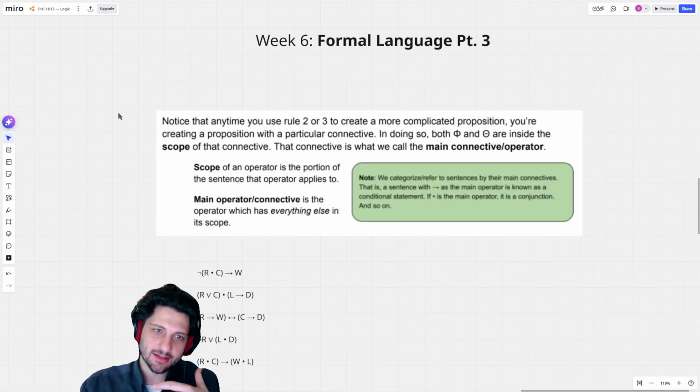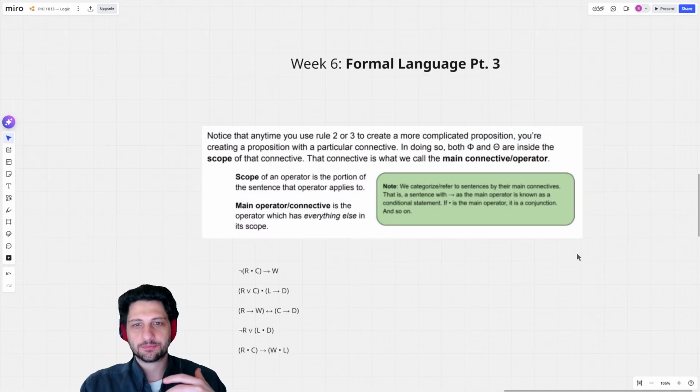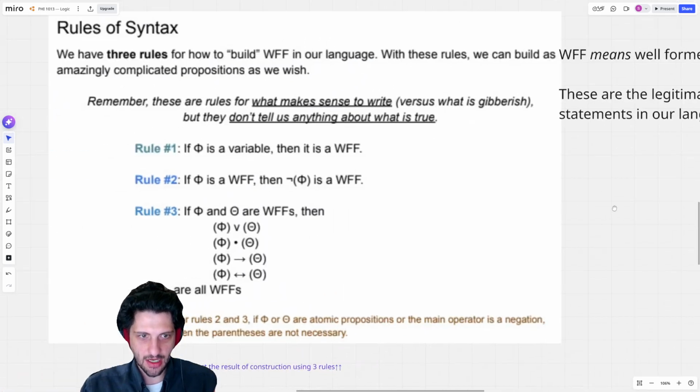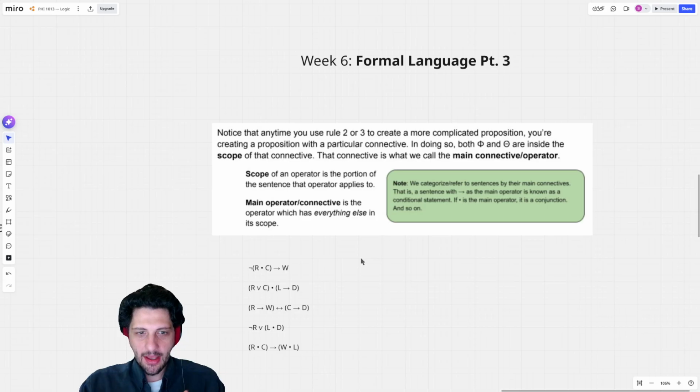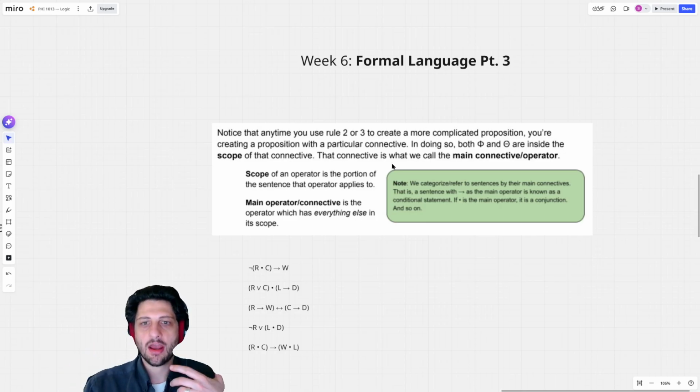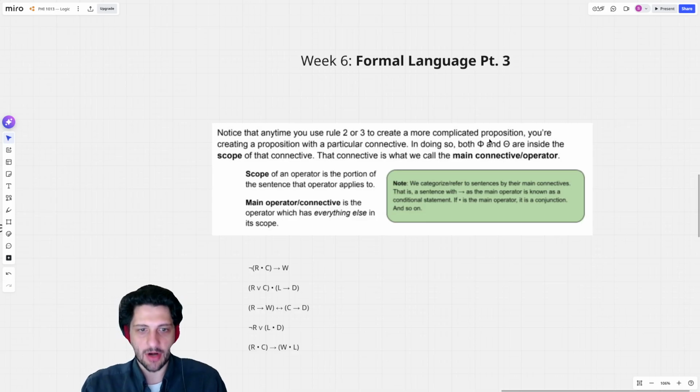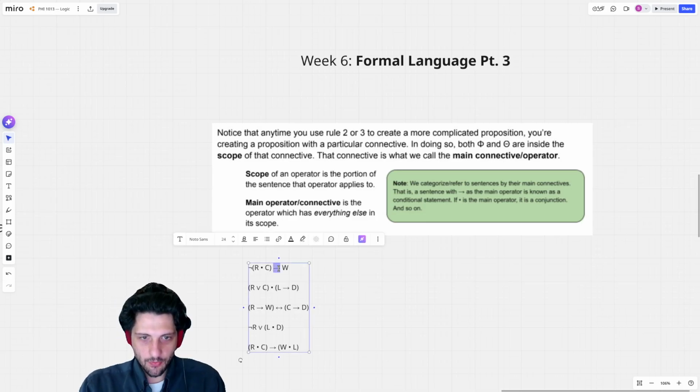So the idea, again, this is straight from your lecture notes, is that any time we have a connective, like a negation, conditional, disjunction, biconditional, or conjunction, we create a more complicated proposition, like here when we used rule 3 to put together this guy and that guy.